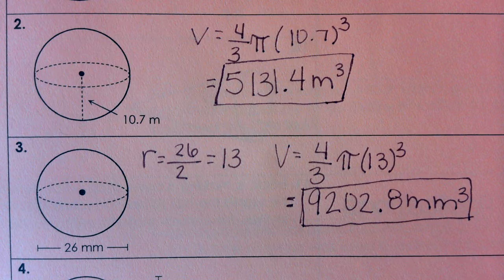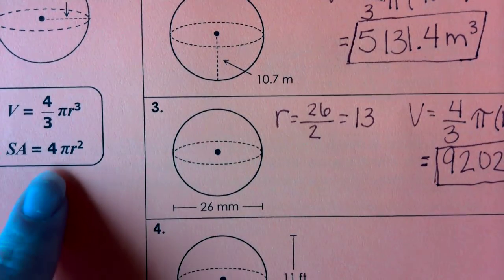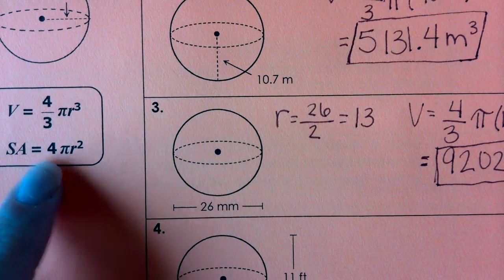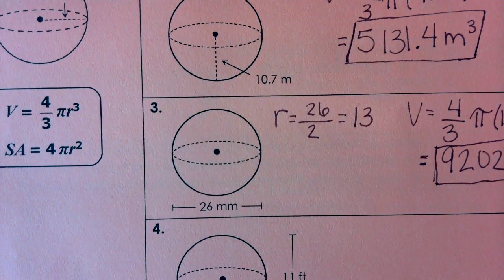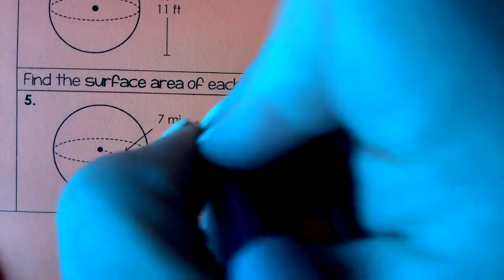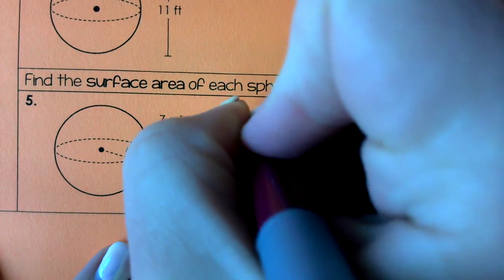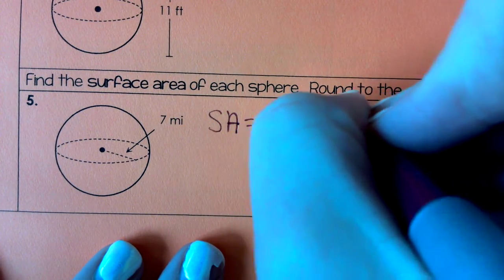Let's move on to surface area then of a sphere. Surface area is a similar formula, but we're not dividing by 3. We just have 4. So now it's 4 pi, and then it's r squared. So if I look at number 5, I'm going to find the surface area now. So my surface area is 4 pi r squared.